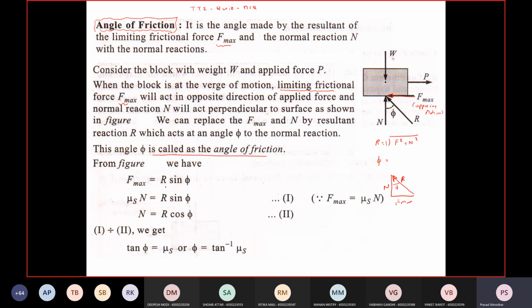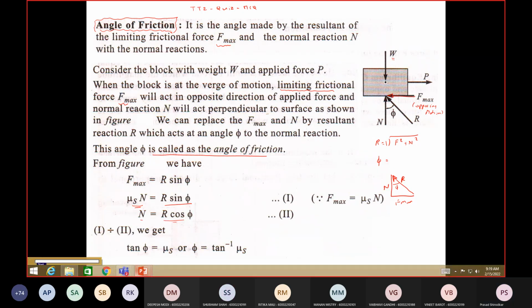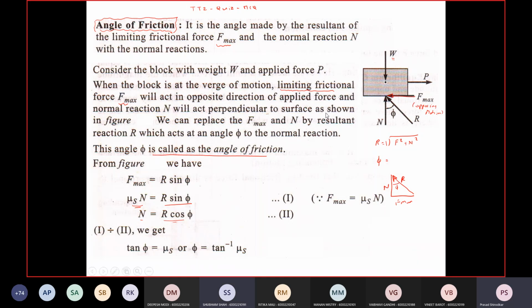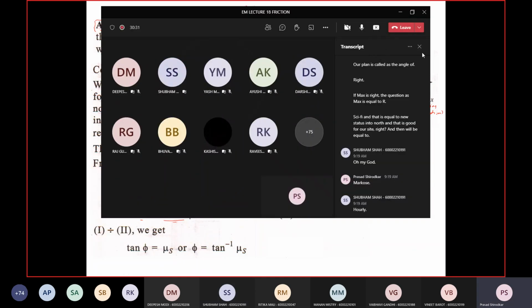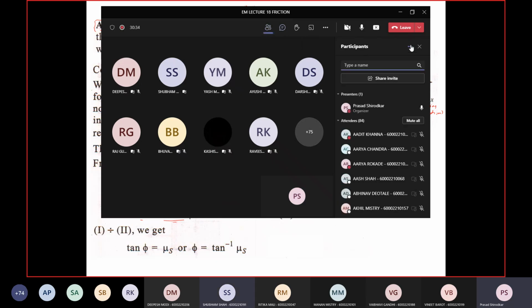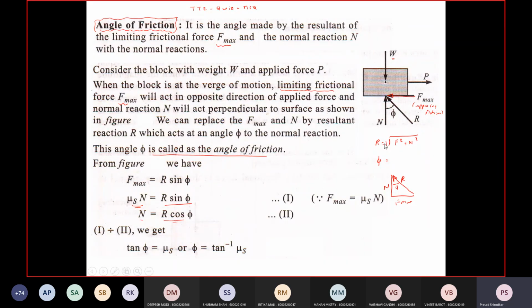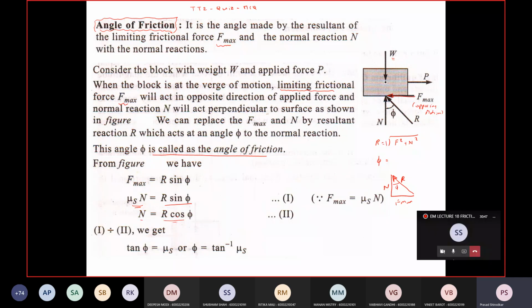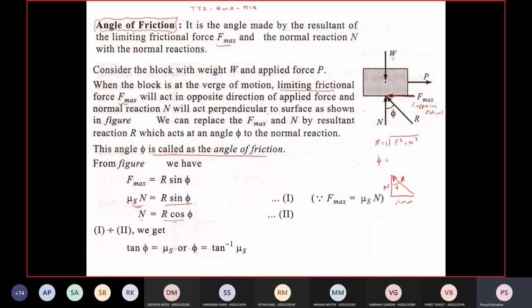And so F max, if I write the equation, F max is equal to R sin phi, and that is equal to nu static into N, and N will be equal to R cos phi. I have just resolved this R into components and equated the values.